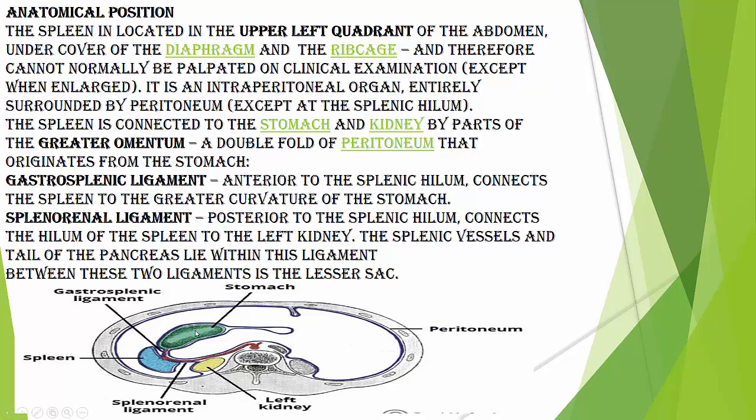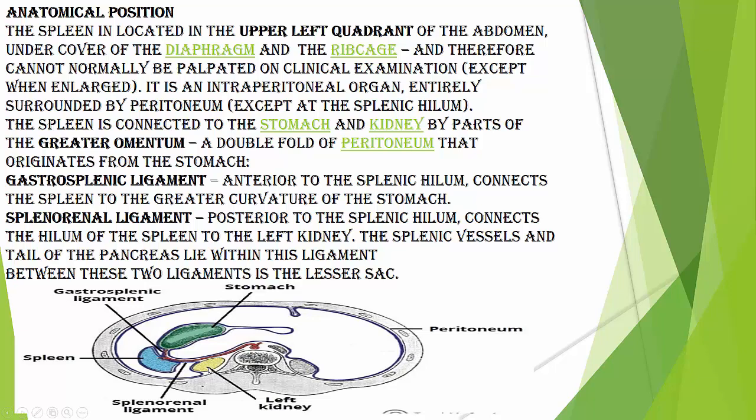Gastro means stomach, splenic means spleen, and the ligament between them is known as the gastrosplenic ligament, which is towards the anterior aspect of the hilum of the spleen, while the other ligament which connects the spleen to the kidney is called the splenorenal ligament, which is at the posterior aspect of the spleen.